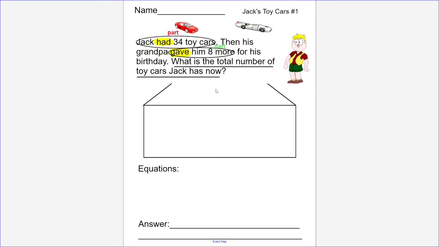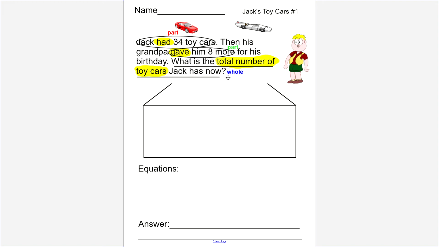Ooh, I'm seeing a key word that tells me that this question is asking us to find the whole. The words total number of toy cars tells me that this is the whole. It's the result amount. It's how many Jack ends up with after he's given more, and it's the total or the whole. I can see now, without a doubt, this question is asking me about finding the whole or the result amount.